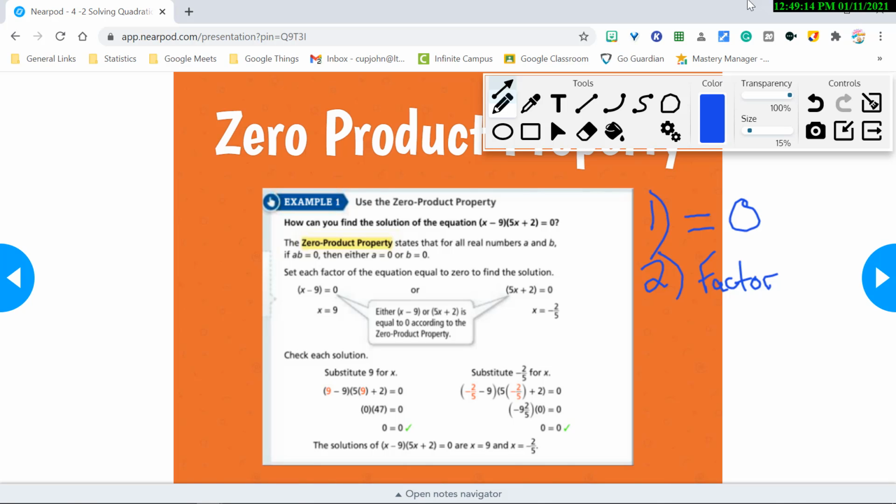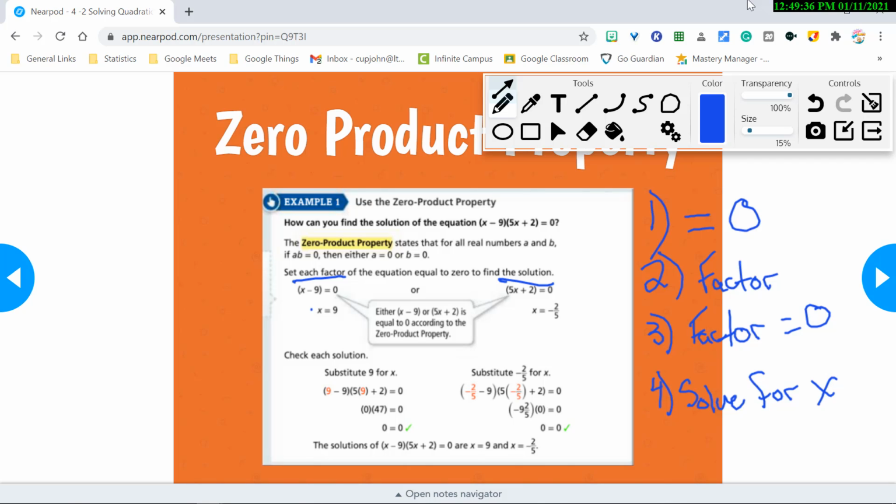It's already factored, so that's easy. So now we set each factor equal to 0. That's what we're doing here and here. And then lastly, just solve for x. And that's what we did.